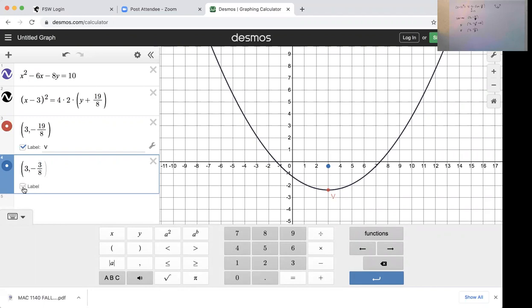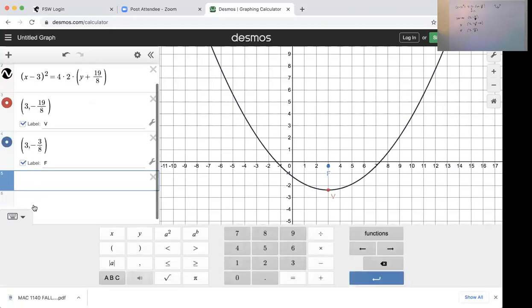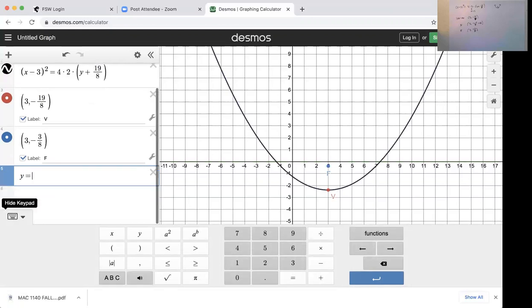That's our focus. And then we also need the directrix. So remember, this distance is 2, p is 2. So I need to go down below this point to get the equation of the directrix. So it's going to be y equals something.